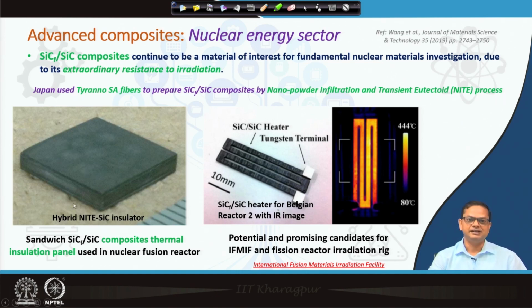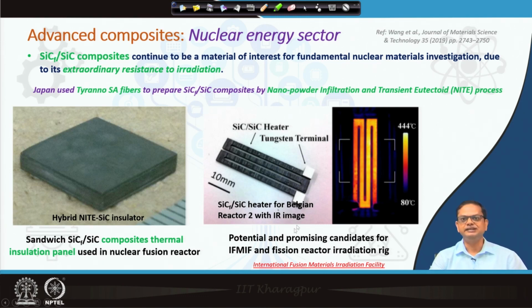So, you can see here it is hybrid NITE SiC insulator. NITE is a particular process by which these SiC composites are prepared. This is basically a nanopowder infiltration and transient eutectic process. We do not really have scope to discuss this method, but basically there will be a precursor, a preform of SiC, and this SiC preform will be loaded with SiC again to fill it nicely and then get this kind of structure.